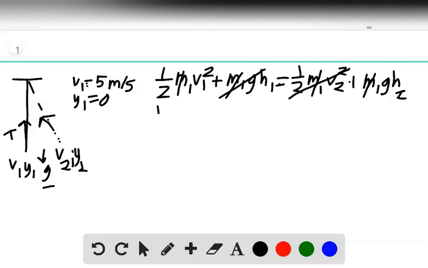So all that we're left with is 1/2 v1 squared equals g h, and obviously h2. And h2 is what we're solving for, okay?